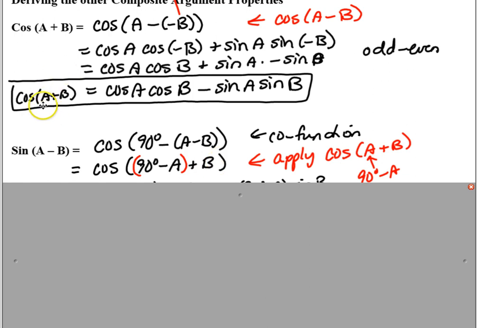So I'm going to go back and apply the property cosine A plus B with 90 minus A as the first angle and B as the second angle.